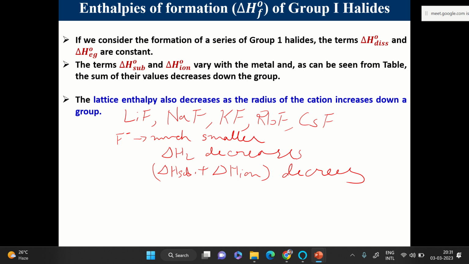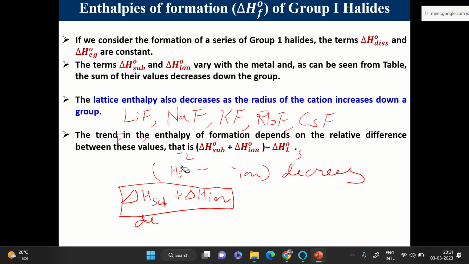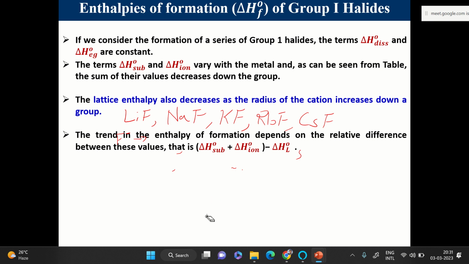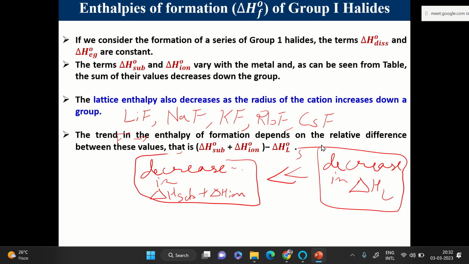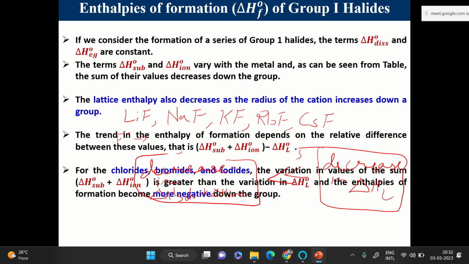But the decrease in delta H sublimation plus delta H ionization is smaller as compared to the decrease in delta H lattice enthalpy, and so it becomes overall less negative, or it is moving towards positive.